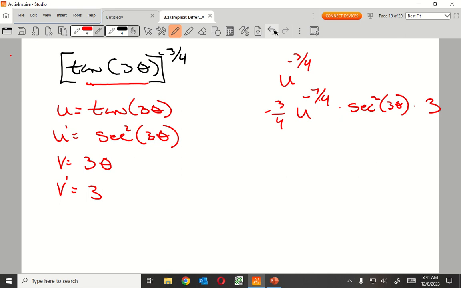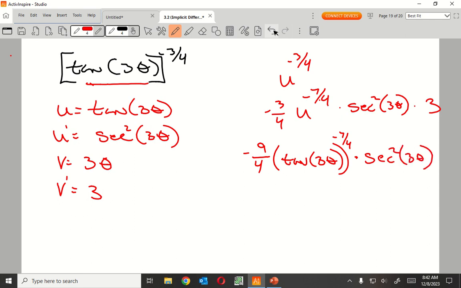So 3 can go all the way out front, so that'd be a -9/4, and my u is going to be tangent of 3 theta, and that's going to be to the -7/4 times secant squared 3 theta, and then the 3 already came out front.